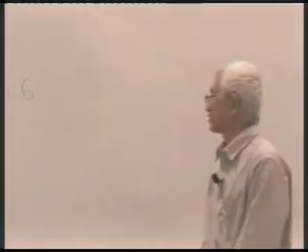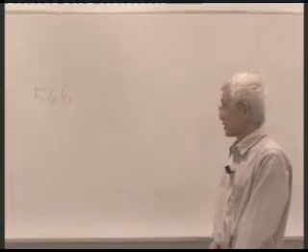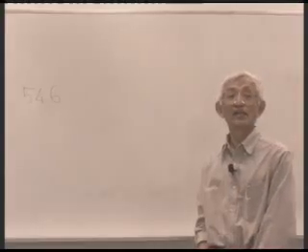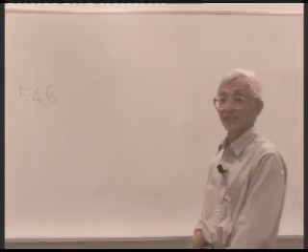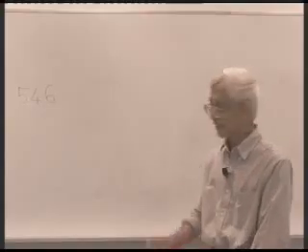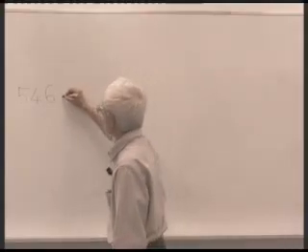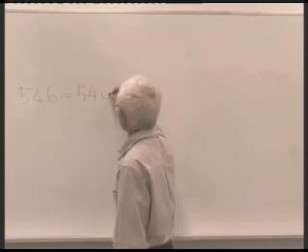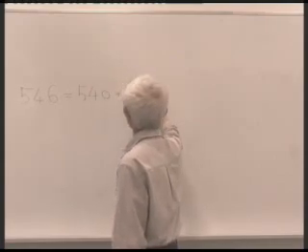Let us try this with 7. Here's a number, 546. We ask whether this number is divisible by 7. We do exactly what we have done earlier. We break it up into 10 times the rest and the unit digit.